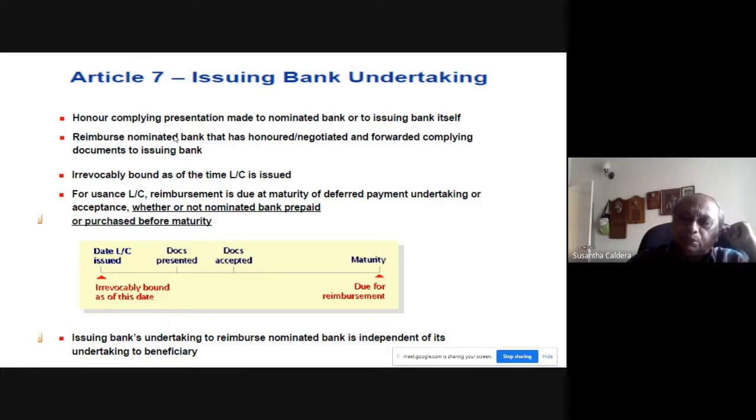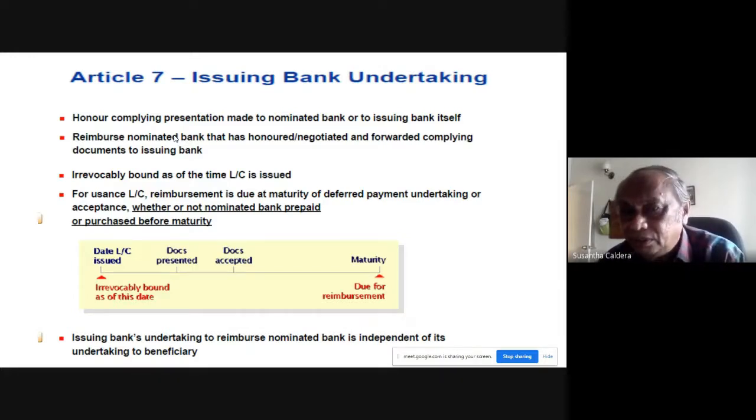The drafts can be discounted by the negotiating bank, with recourse to the issuing bank, because the issuing bank has accepted the draft and has also sent the acceptance telex. So we can discount, and the customer is happy now. The bank will pay. That should be the most appropriate way.